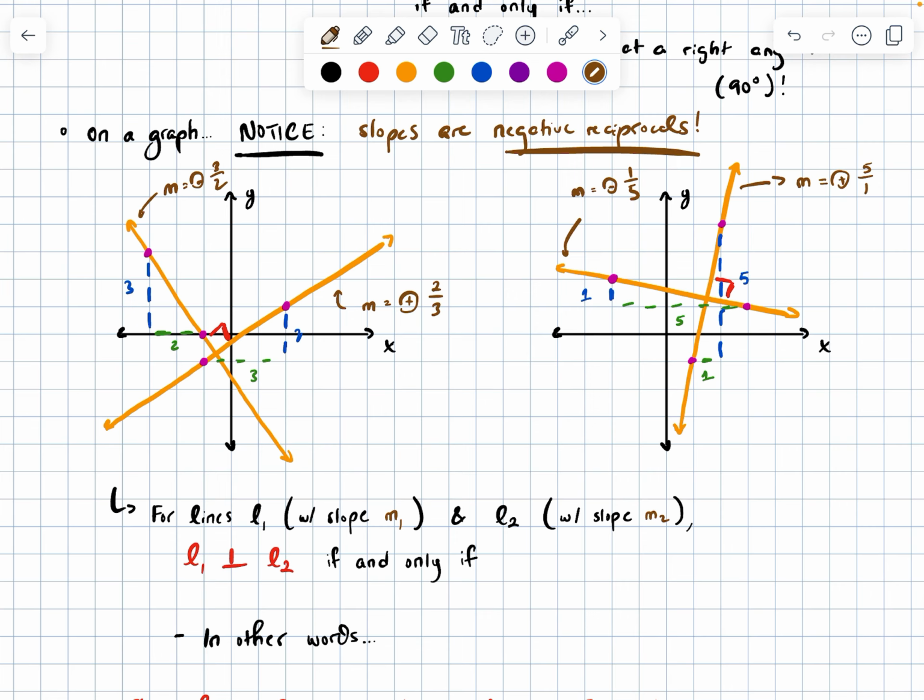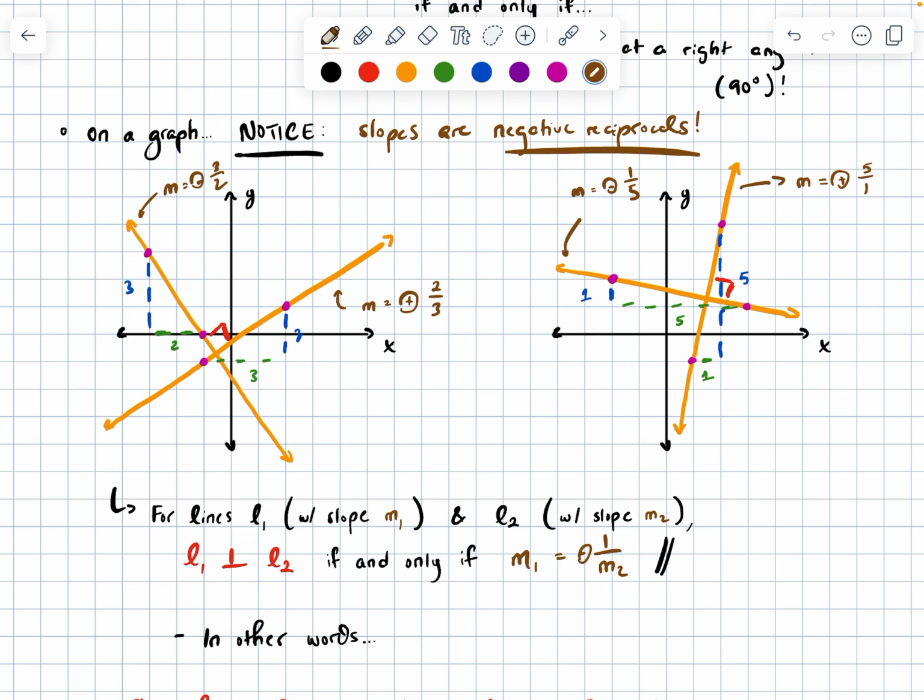So in the interest of formalizing this observation, just like we did with parallel lines, what that tells us here is that if I'm working with two lines that are perpendicular to each other, they have slopes. So say line 1 has a slope of m1, line 2 has a slope of m2. Mathematically, the way that we would write that they are negative reciprocals of each other, we would say that the slope is equal to the reciprocal of the other one, right, which is 1 over, and then it's negative, so it's times negative 1.